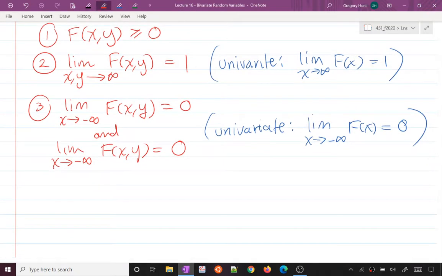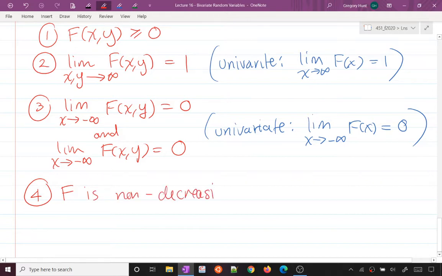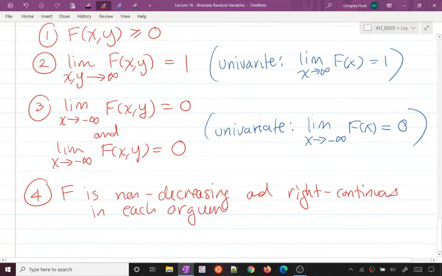And let's say the fourth property, which is very analogous, is that F is non-decreasing, and let's just combine things and write continuous in each argument. You probably believe that, and you can look at the proof for the univariate case, and think about how you might prove it for the bivariate case.